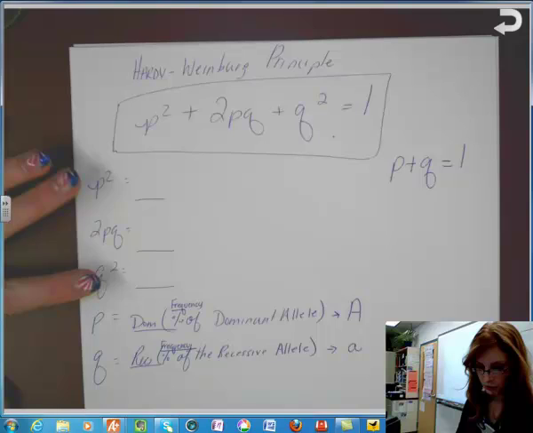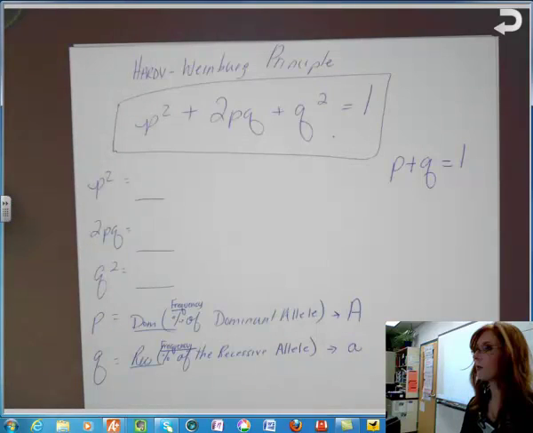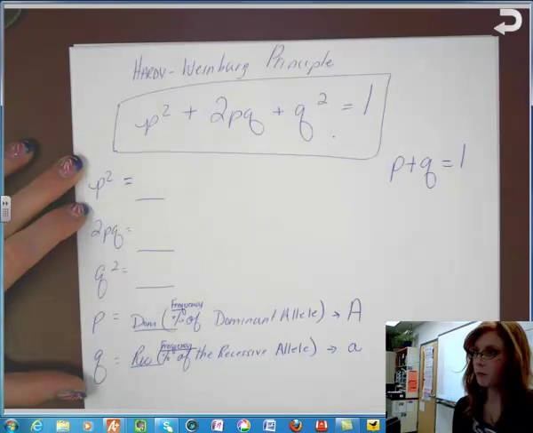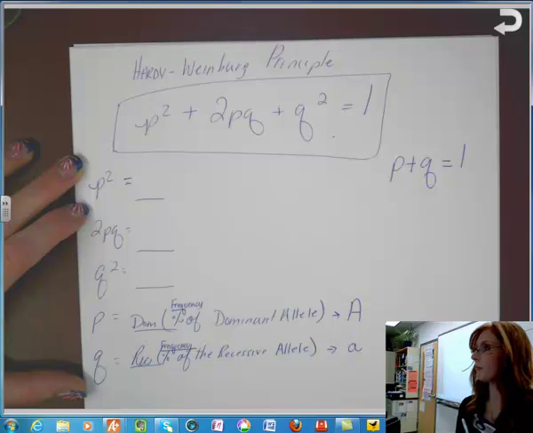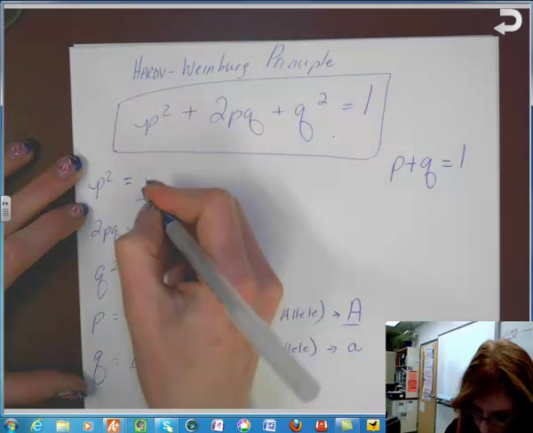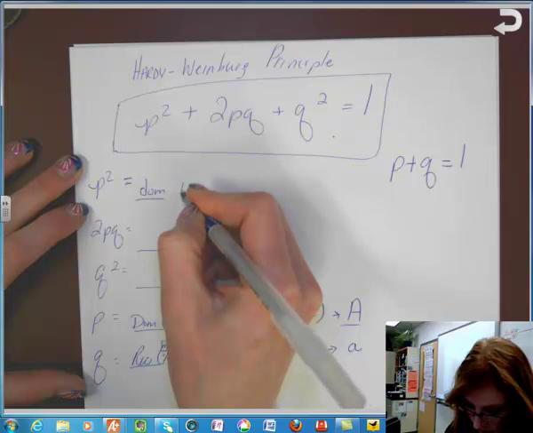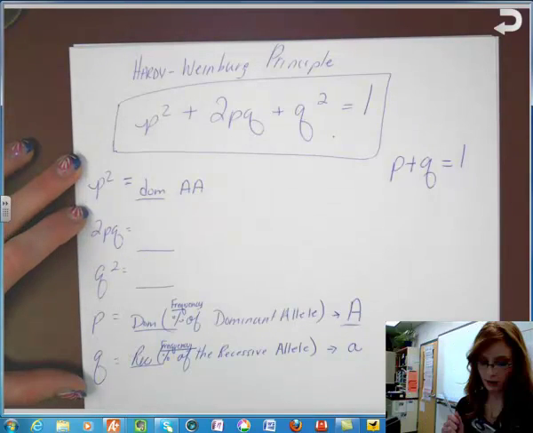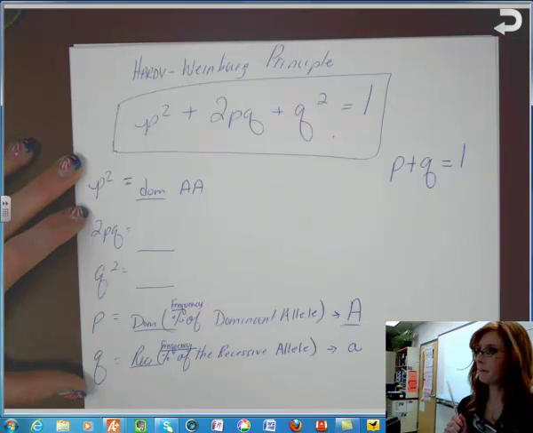Which would you like to start with, p squared or q squared? Okay, so let's start with p squared. We're dealing with what type of trait? And if it's squared, how many of them do we have? If I have one, so we know this is dominant. Heterozygous dominant is which one? P squared?